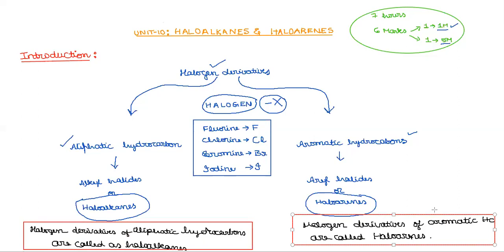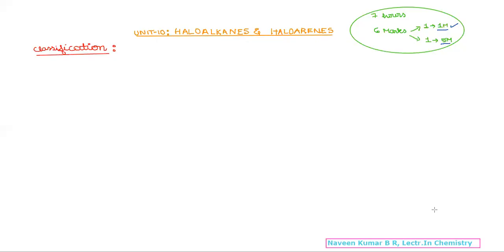It is the classification of the haloalkanes and haloarenes. Now we'll observe the classification of these organic compounds. They are broadly classified on two important bases. The first one is based on the number of halogen atoms in them.